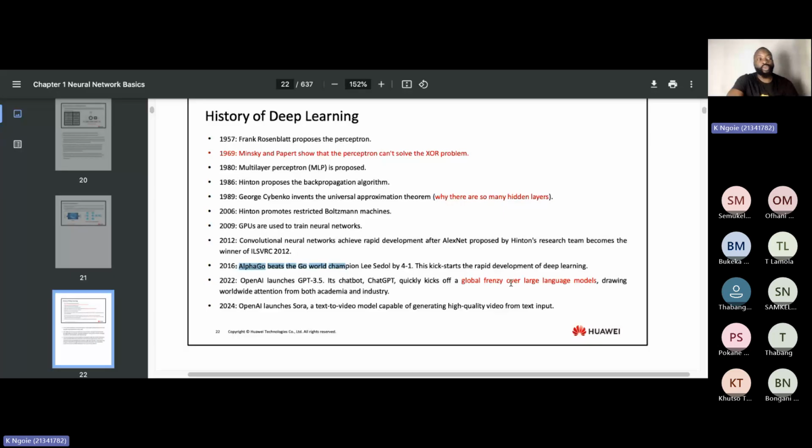As I mentioned before, in the year 2009, we were able to develop high-level GPUs. In terms of computing power, there are now high-level GPUs being used to train neural networks.